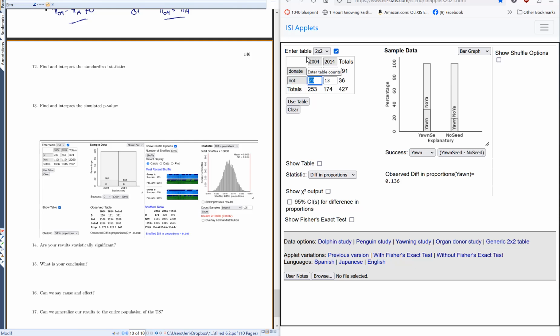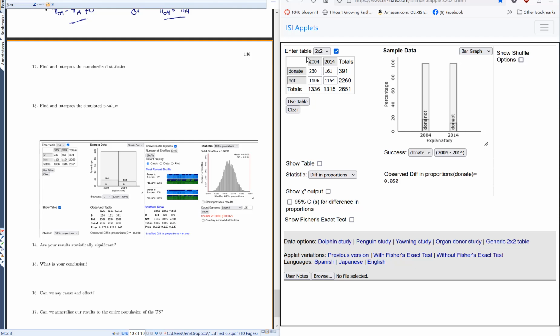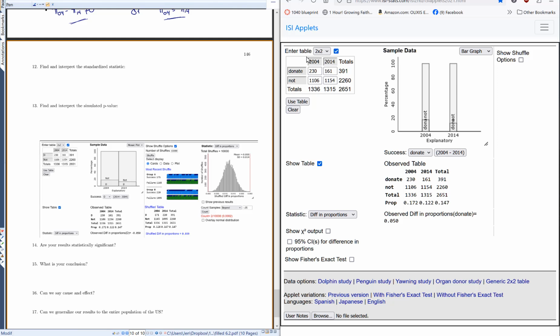Not donate 1106, 1154. When you're done, double check all of these totals. Okay, so 391, 226, 2651, all of those totals look right. Click use table, don't forget that. Okay, use table, your success is donate. We want to look at the people that donate. I'm doing 2004 minus 2014, that looks right. I can click show table.